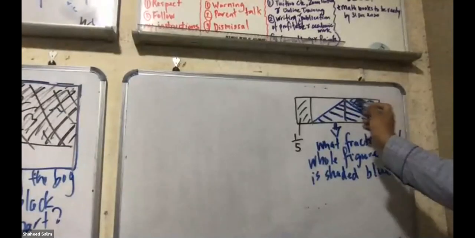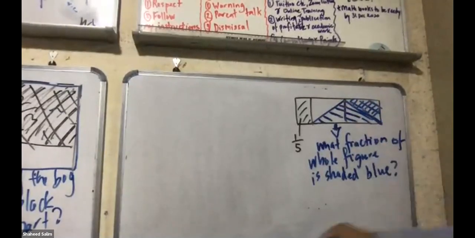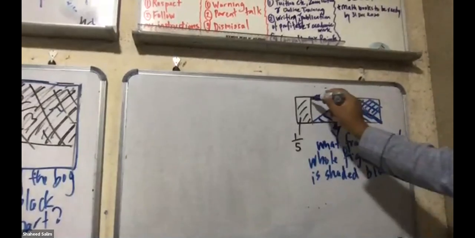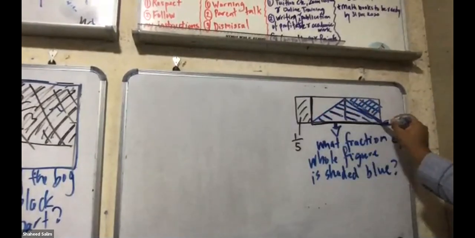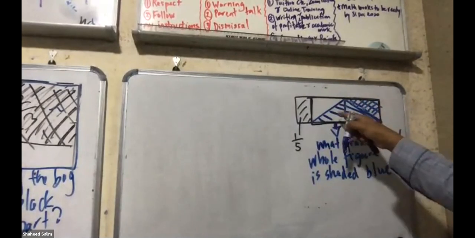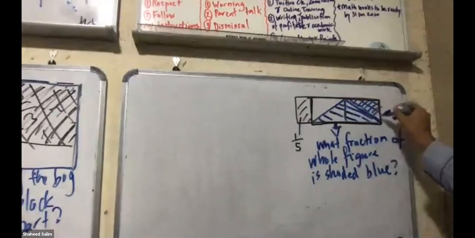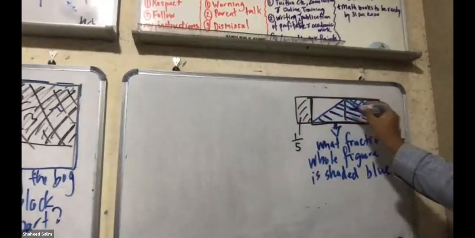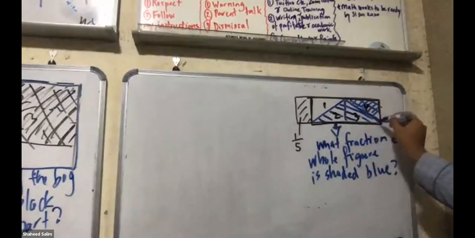Okay, we will ask Zahira first. Zahira, what is the fraction of this part down here? The blue triangle, what fraction of this part is the blue triangle? Here, 1, 2, 3, 4. The blue triangle is how many parts of this 4?